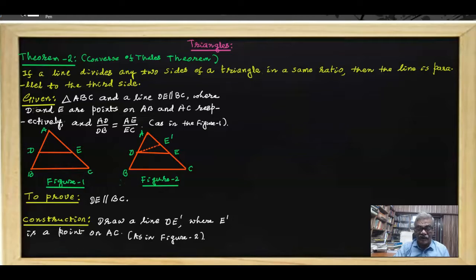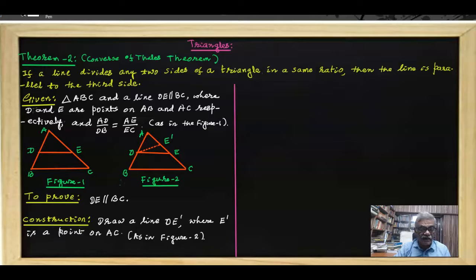We assume DE dash is parallel to BC, and further prove with the help of the construction that E dash is the same as E, I mean E dash coincides with E, and therefore DE is parallel to BC.